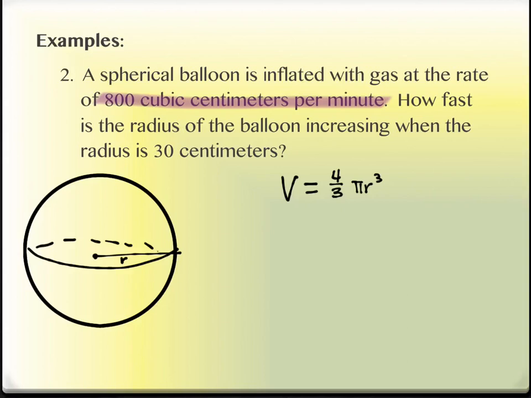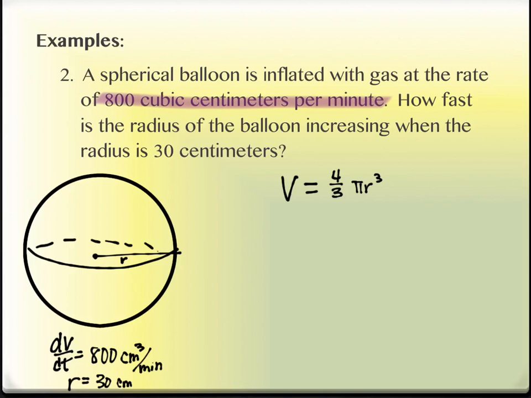Centimeters are a linear quantity. The radius is in centimeters. The volume's in cubic centimeters. So this piece of information right here is dV dt. So dV dt is 800 centimeters cubed per minute. And eventually we're going to use r is 30 centimeters. Those are the pieces of information we have.